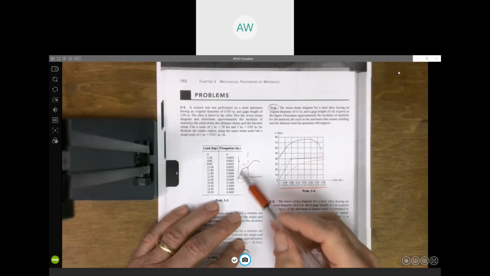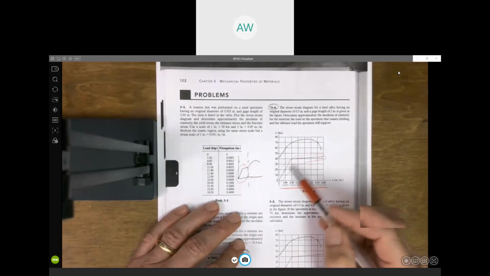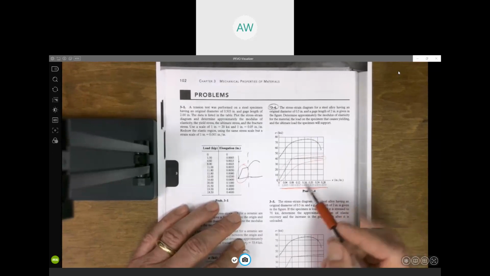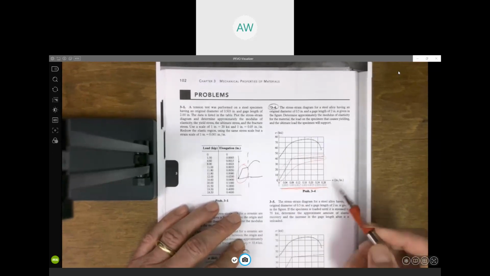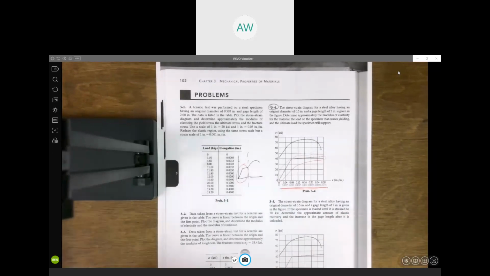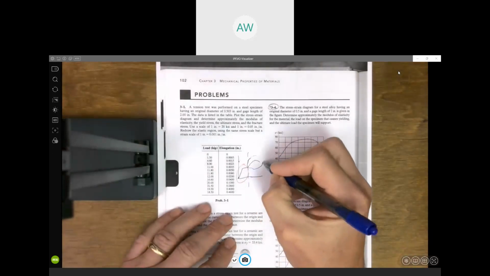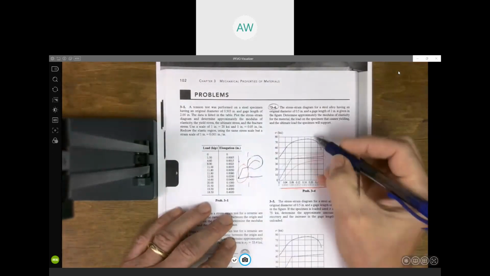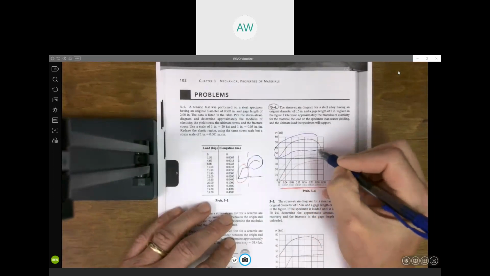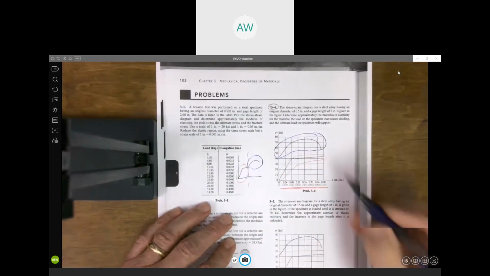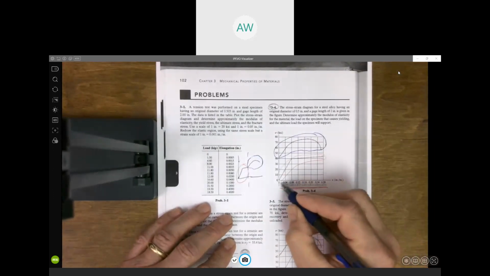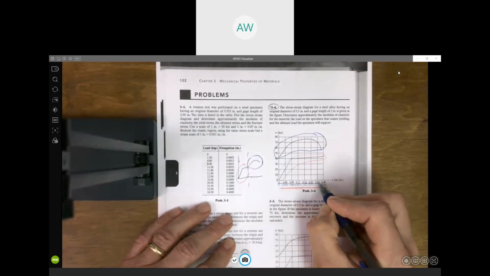So if you're in this region, you're looking at this part of the diagram, and these are going to be your strain values. Whereas if you're out here in this part of the stress strain diagram, that's drawn up here above that, and the strain values for that are the larger values here.